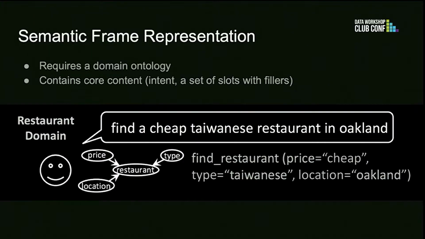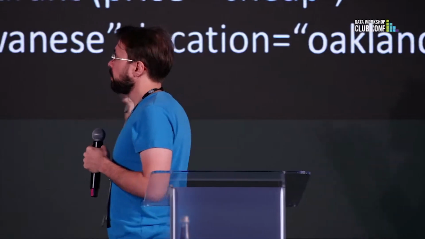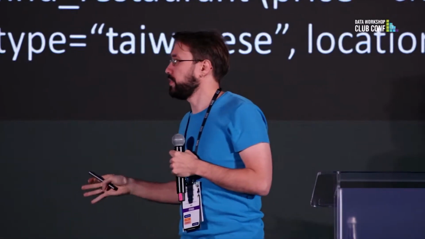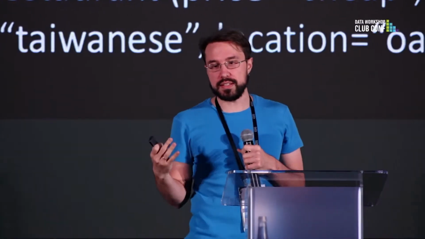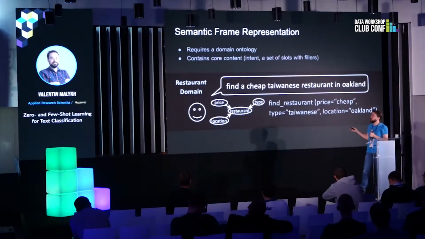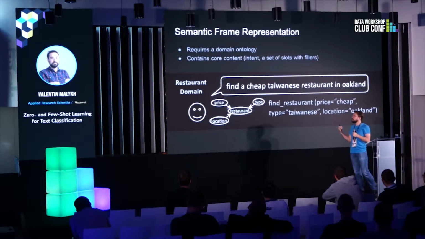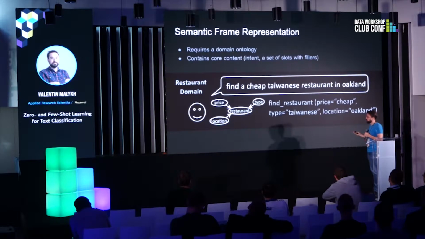So we know, as a human, that the restaurant should be cheap, so the price range is cheap. The type is Taiwanese, and the location is city center or something. It's not important. The important thing is that we have unstructured information as input, and structured information as output.